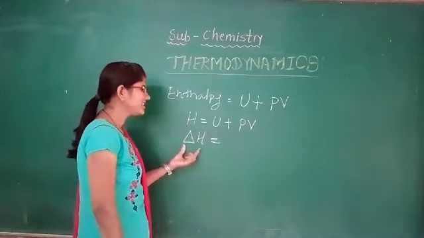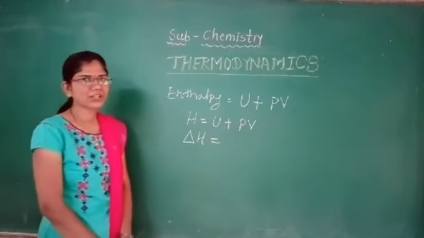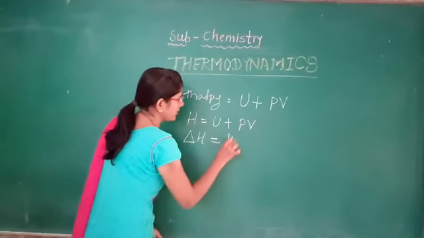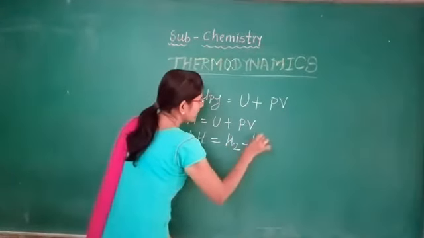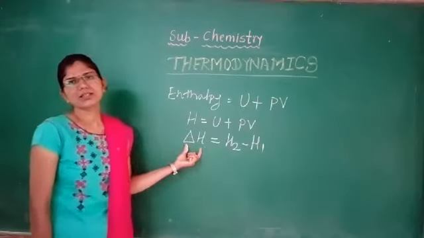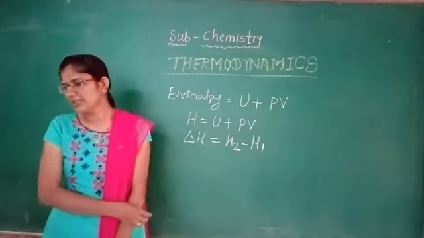The delta H means the change in enthalpy. As enthalpy is a state function, the change in enthalpy is given by H2 minus H1, where H1 and H2 are the enthalpies of the initial and final state respectively.